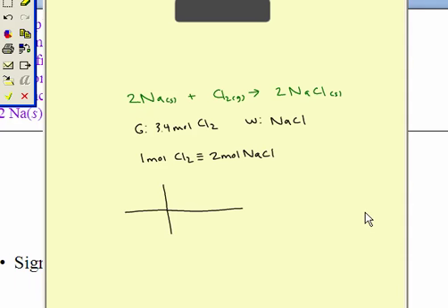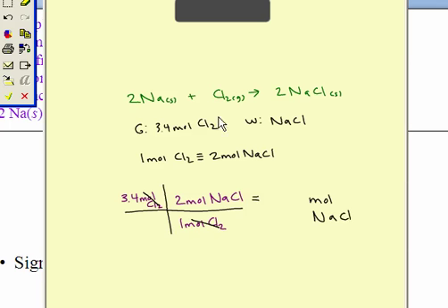So what we're going to do now is our railroad math. We're going to start off with what we're given, which is 3.4 moles of chlorine. And here's our conversion factor. Our moles of chlorine go on the bottom, and then our moles of sodium chloride go on top. Our moles of chlorine cancel out, and we end up with moles of sodium chloride.